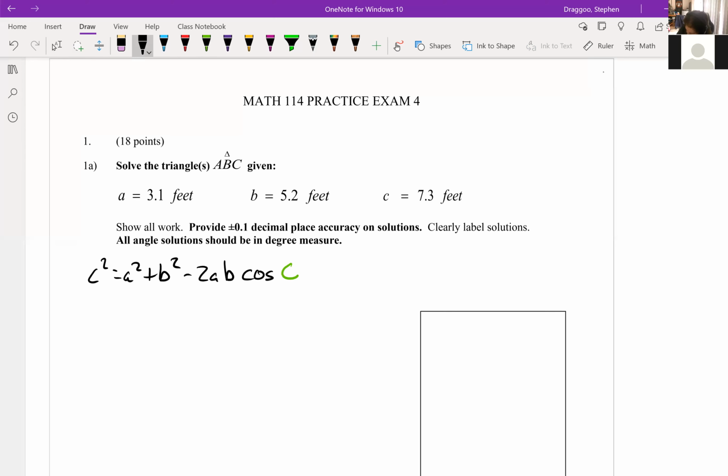So we could solve that around and say that cosine of c is equal to a squared plus b squared minus c squared all over 2ab. We'll just swap the 2ab cosine c and the c squared from each side and then divide by 2ab.